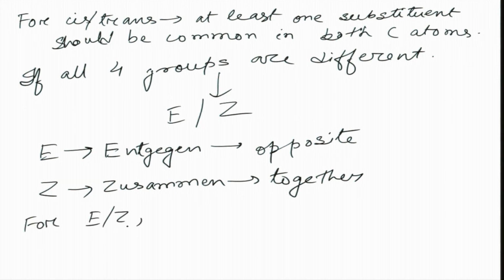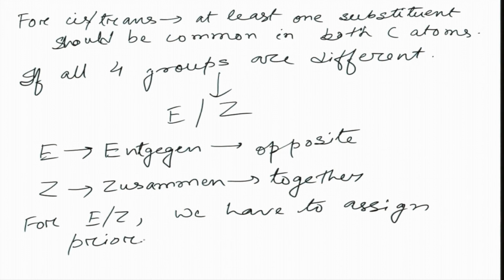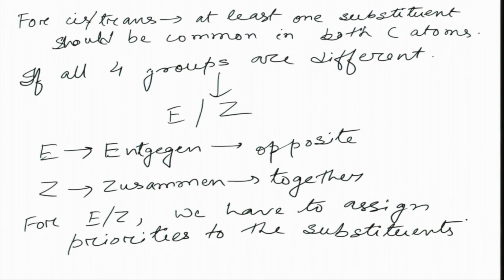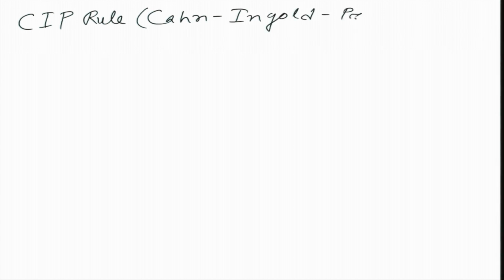So, for EZ, we have to assign priorities to the substituents. We have to assign priorities. So, for assigning priorities, we will follow this rule, the CIP rule or Cahn-Ingold-Prelog.